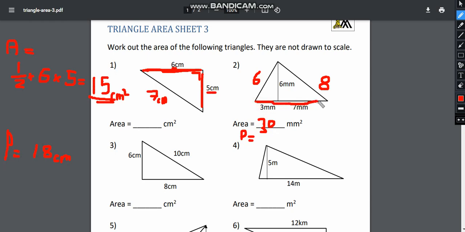So if you were to walk around the entire perimeter, what is that? From here all the way down to the other side we already said was 10. So it's going to be 10 plus 8 to get to the top, and then back to 6. So 10 plus 8 plus 6 is 18 plus 6 is 24. And what's the unit? Is it millimeters squared or just millimeters? It's just millimeters, yeah.